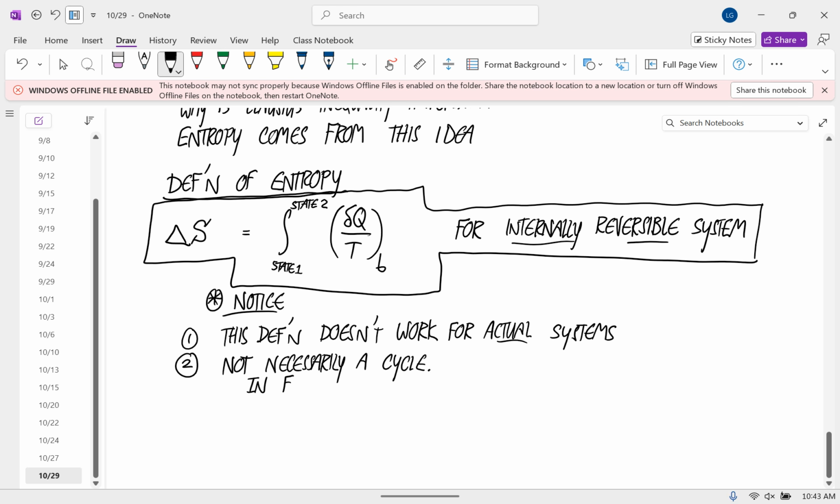In fact, entropy is a property, so the change in delta S is equal to 0 for a cycle.